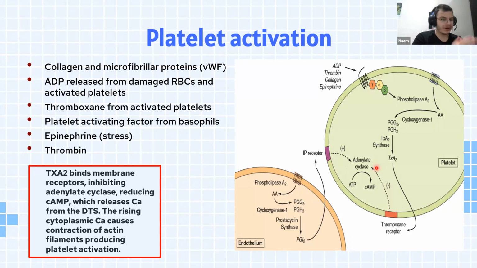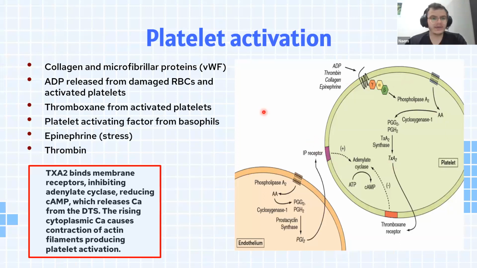So when thromboxane binds, it leads to decreased activity of adenylyl cyclase. With decreased adenylyl cyclase activity, calcium is released. When calcium is released, there's contraction, and this contraction leads to platelet aggregation. Again, everything is written here: collagen, epinephrine, thrombin, all of these molecules could lead to platelet activation other than ADP.